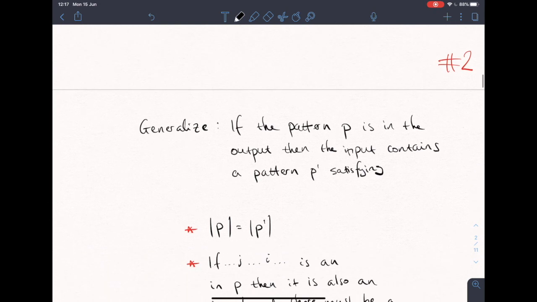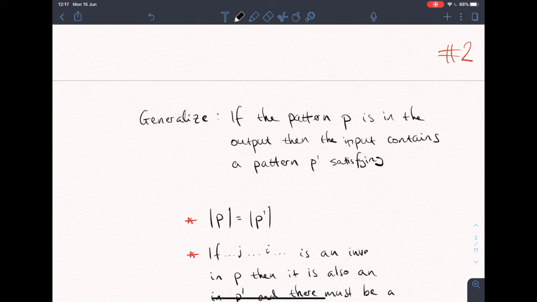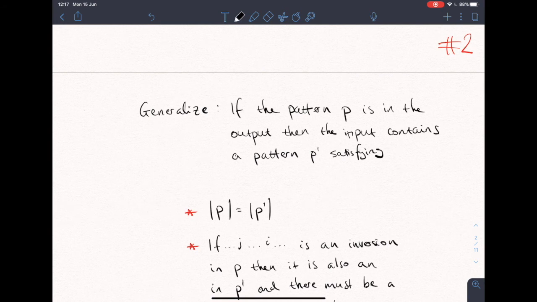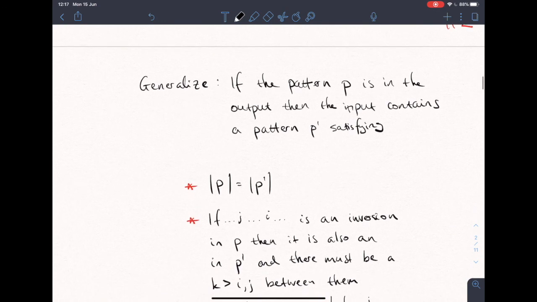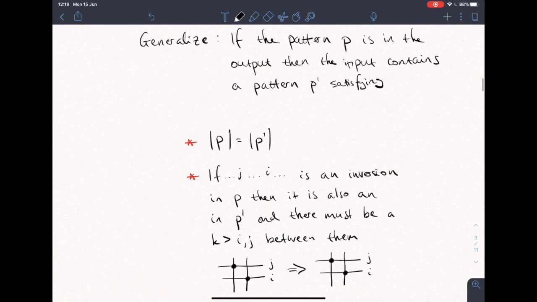And if there is an inversion in P, some big element j before a small element i, then it's also an inversion in P prime, and there must be a, let's call it k, bigger element between them to make sure that this particular inversion stays an inversion in the output. This is exactly the same case we were looking at previously.